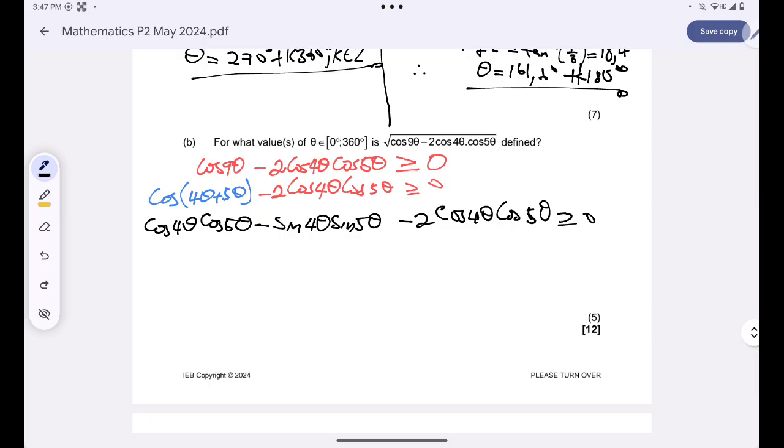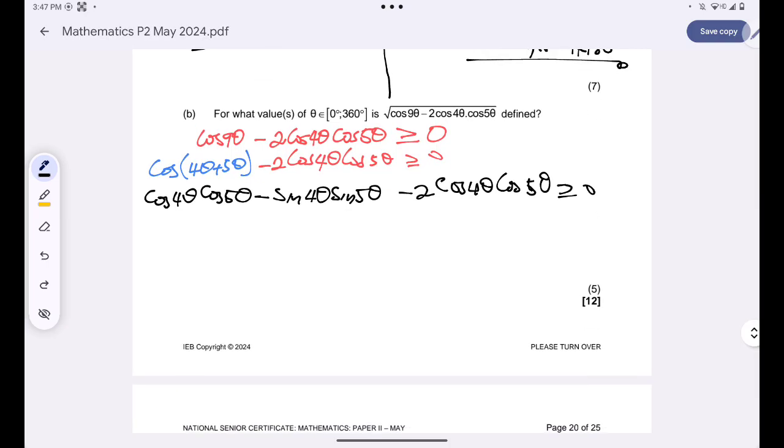Excuse me about that, guys. Okay, these two will subtract one another, no? And then I'll end up having a negative cos 4 theta multiplied by cos 5 theta minus sine 4 theta sine 5 theta is greater than 0.